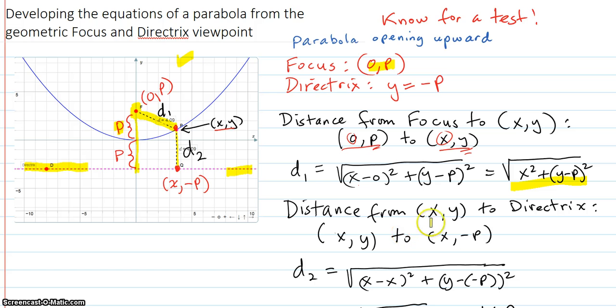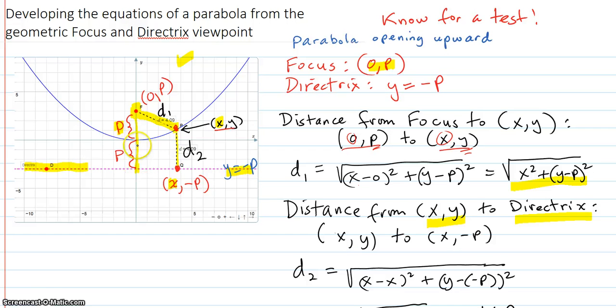Now let's figure out the distance from xy to the directrix. Xy is here. The directrix is down here with this line. The point on the perpendicular line, the distance line right here, to the directrix has x coordinate x, because it's the same coordinate as xy, since it's straight down from there, and it has y coordinate negative p because that line there is y equals negative p.